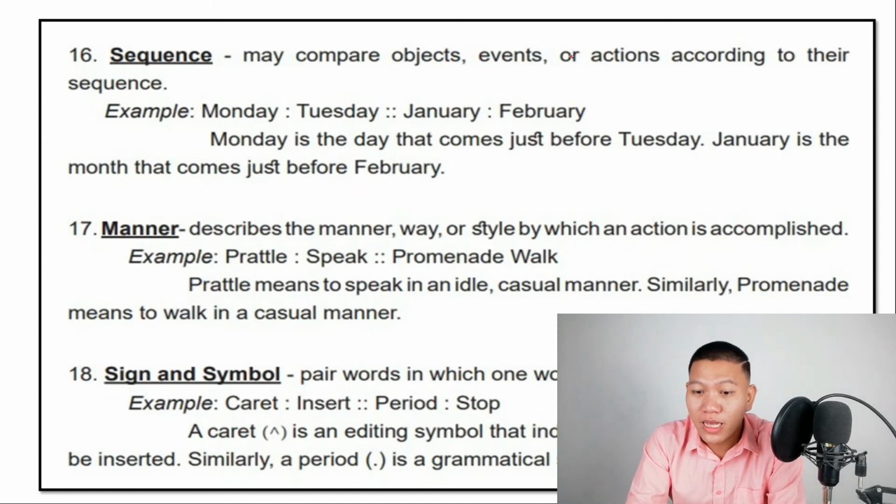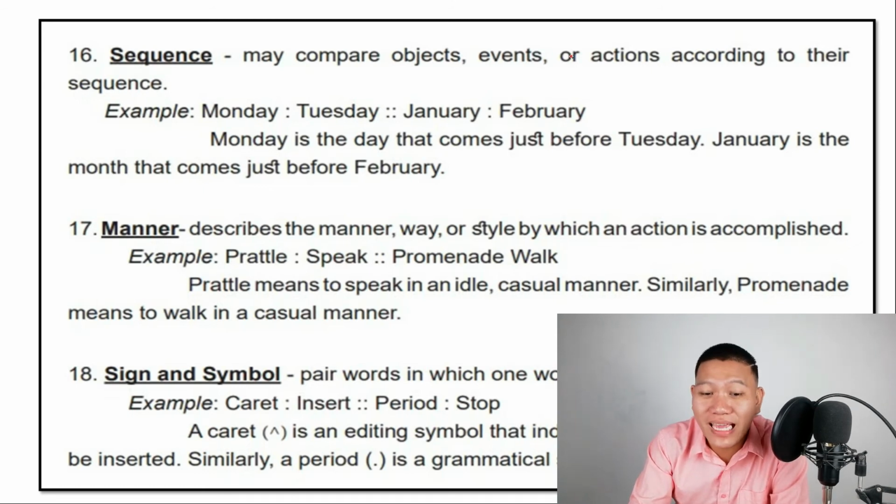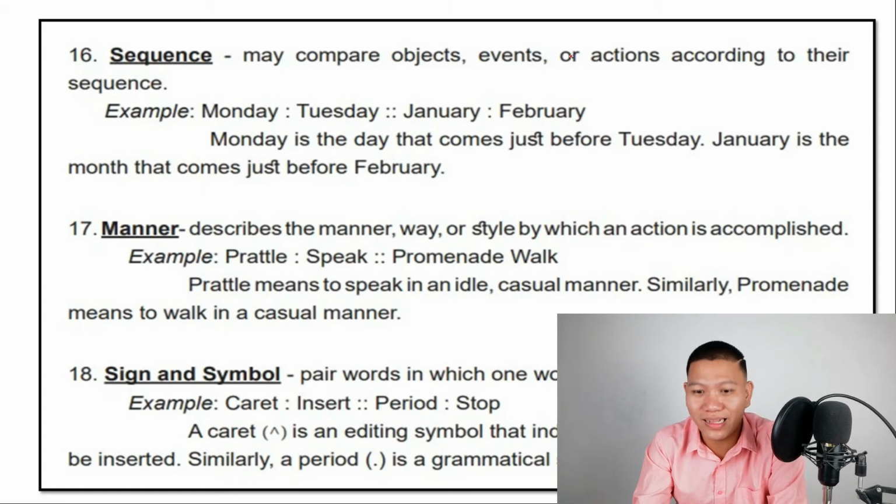Number 17, manner. Describes the manner, the way, or style by which an action is accomplished. How did you accomplish the action? For example, prattle is to speak, promenade is to walk. Prattle means speak, describing the manner, the way, the style.